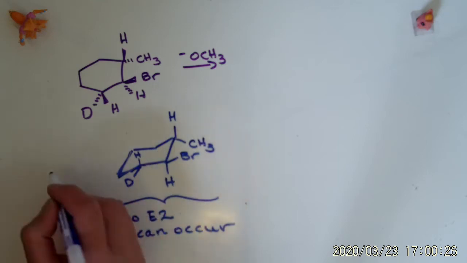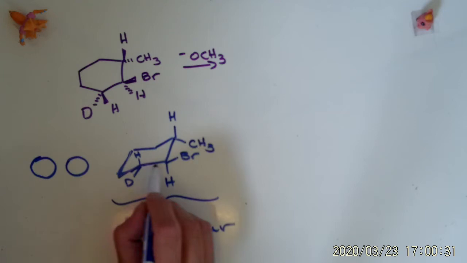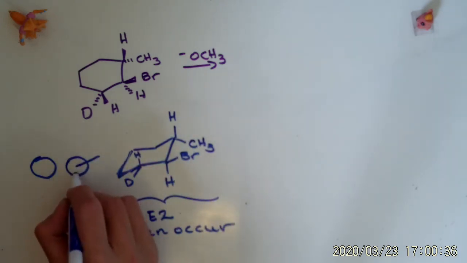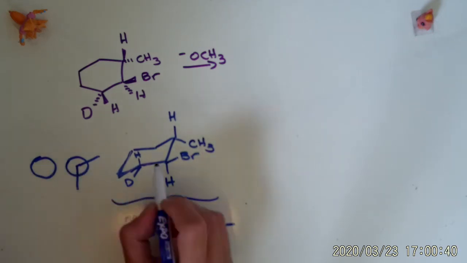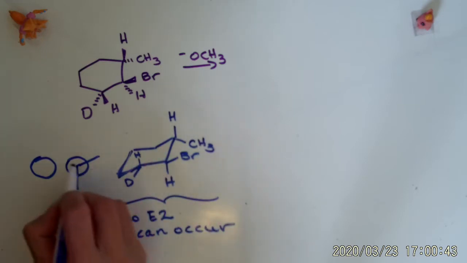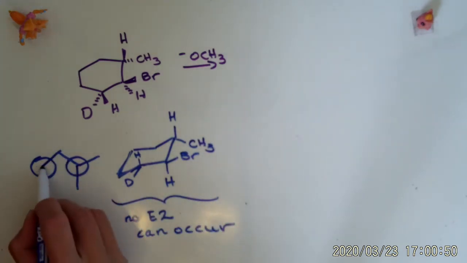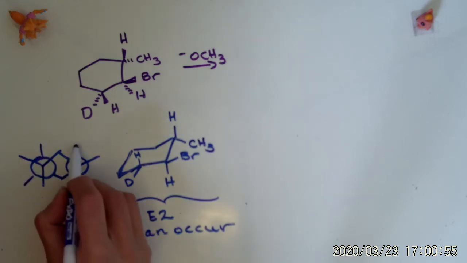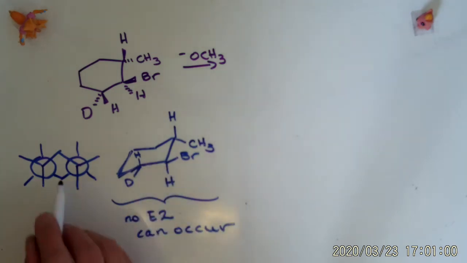So if I look at the Newman projection, what I have is my bromine at equatorial, my hydrogen at axial, and then here I'm going to have my methyl. Okay, so let me look at this system.